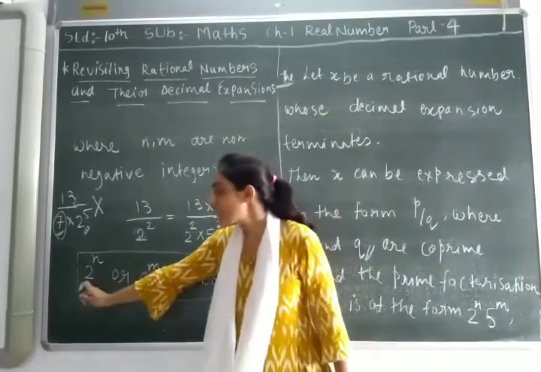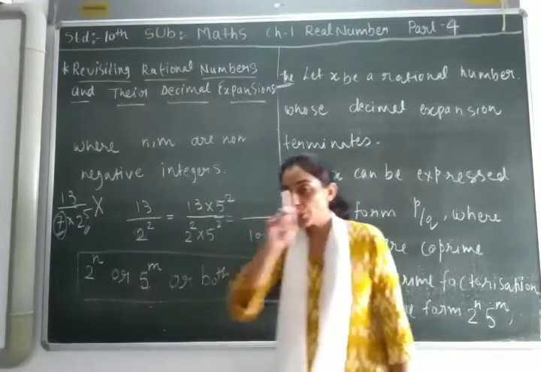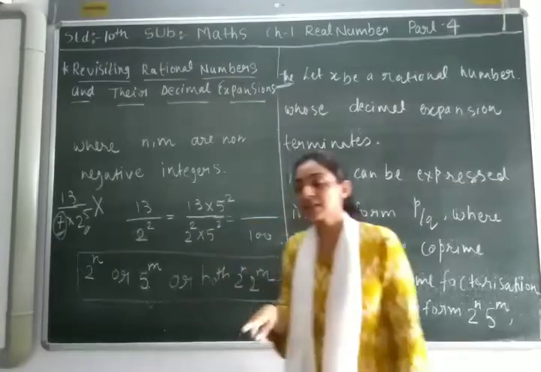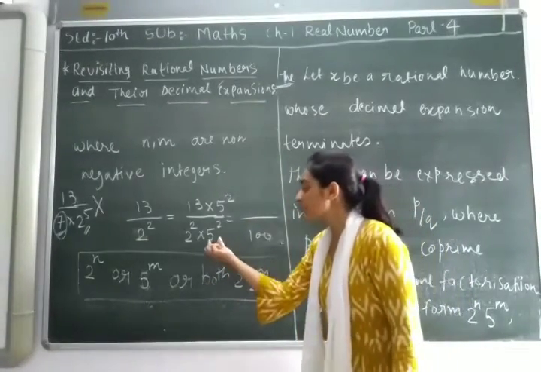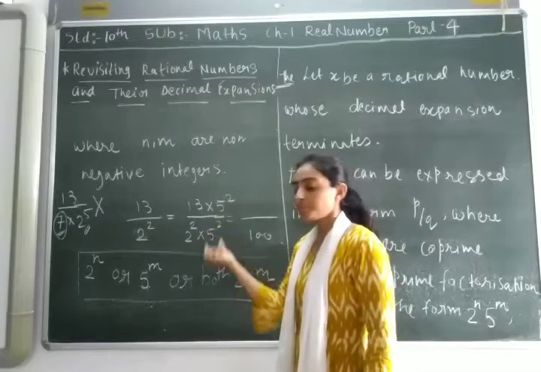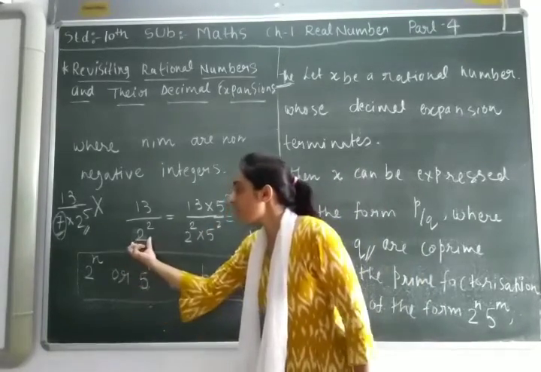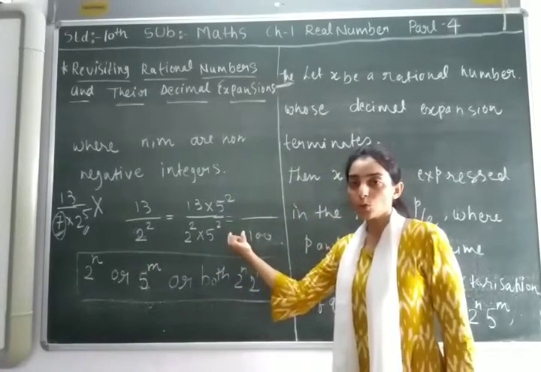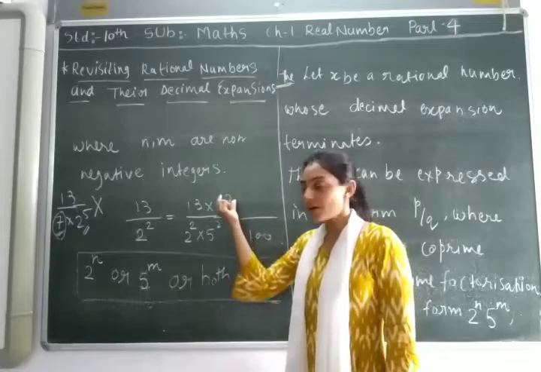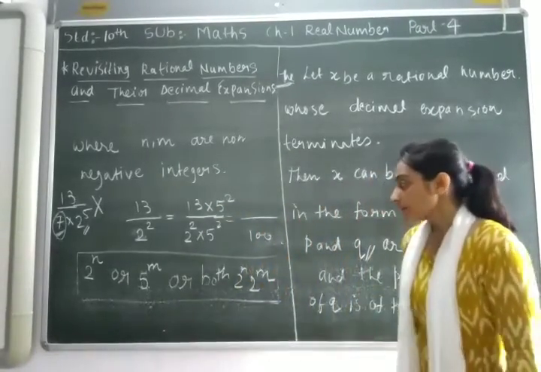If my denominator is a power of 2 raised to n, we can express this as some 10th power by multiplying and dividing with the same digits. If only 5 is given, we can multiply by 2 to the power something, and do the same in the numerator.